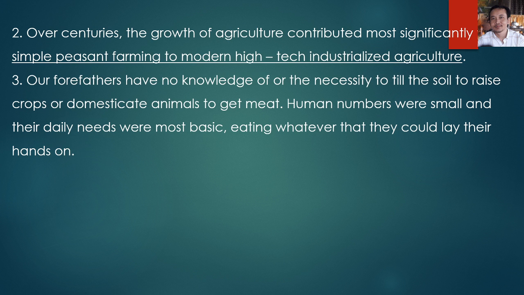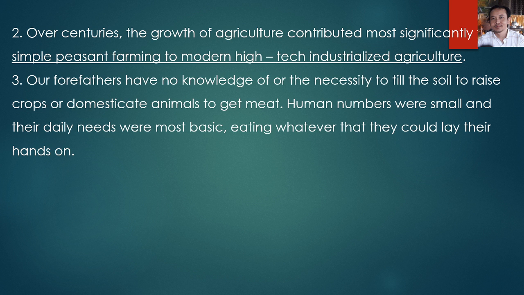It means our forefathers had no knowledge or necessity to till the soil to raise crops and domesticate animals to get meat. Also, human numbers were small and their daily needs were most basic, eating whatever they could lay their hands on.